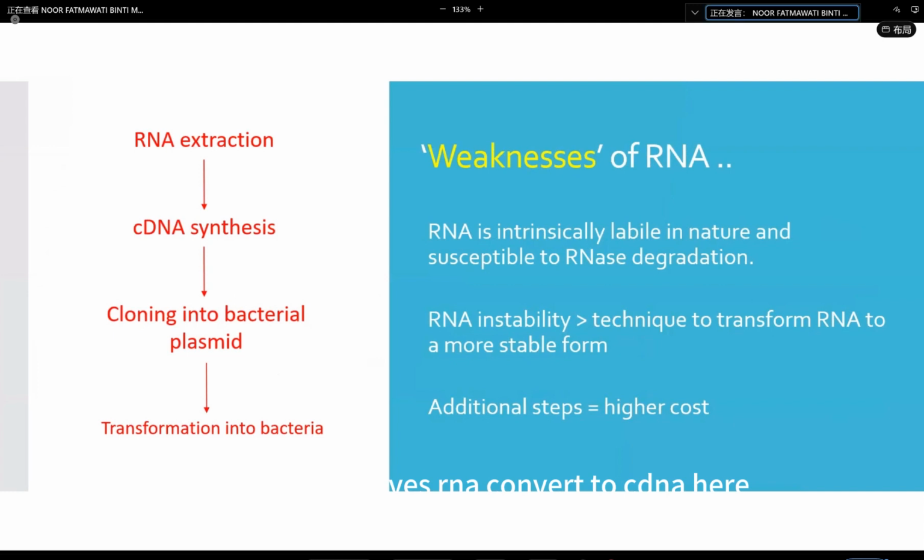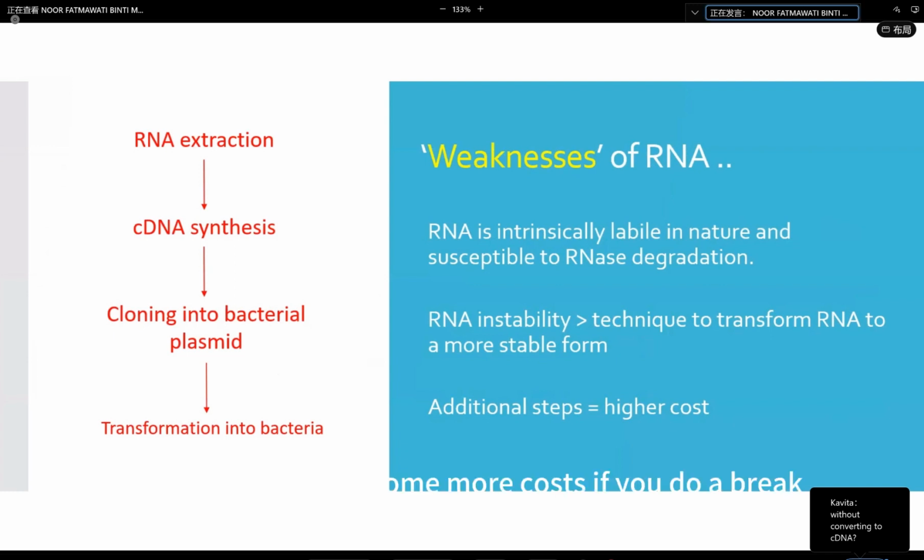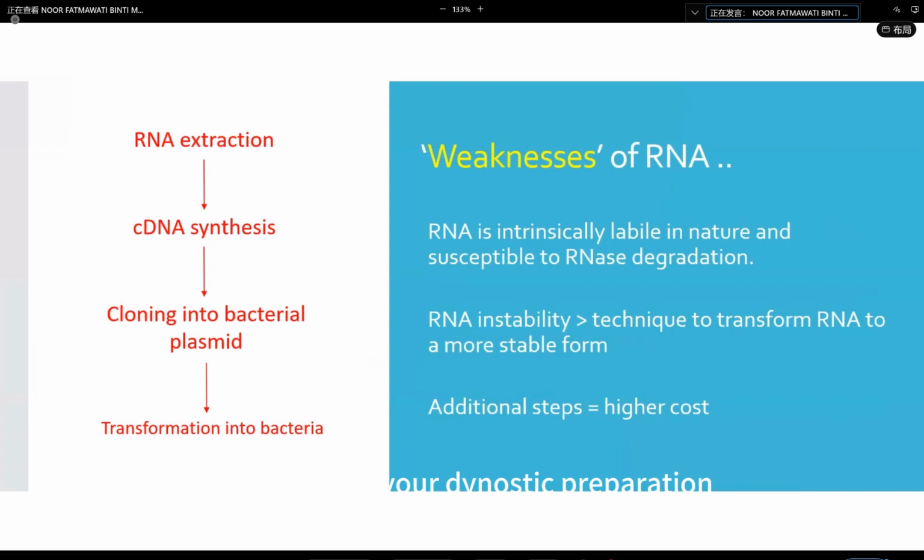But when it involves converting RNA to cDNA, you are adding some more costs. If you do a break-even cost for your diagnostic invention, you need to include the cost of converting your RNA to cDNA, in which you use reverse transcriptase, and then when it's in a DNA form, you can use the technology for detection.